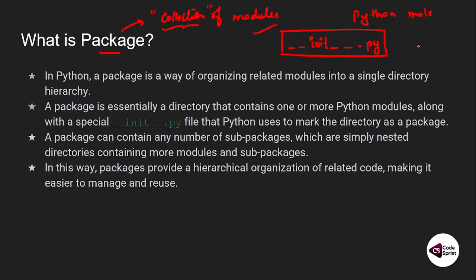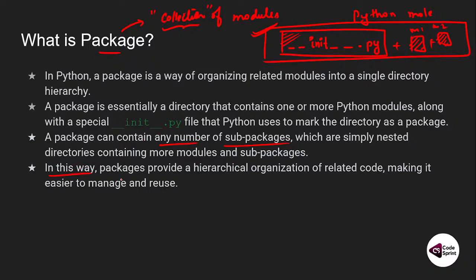Like we have some modules, module 1, module 2. Afterwards we need to add this one. These three make a package. Now a package can contain any number of sub packages. Sub packages basically mean modules. Here you can say this is a sub package and this is also a sub package, and this is a special file which needs to be added in the package.